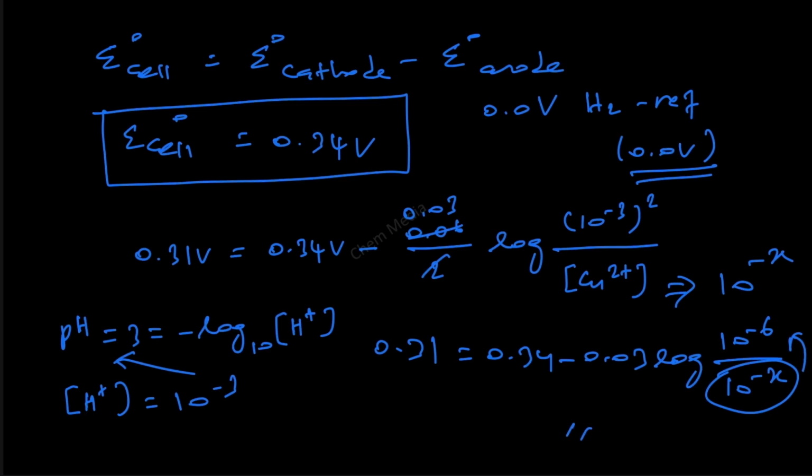So it would be log 10 to the power x minus 6, isn't it? So this x minus 6 we can bring to the front. Therefore 0.31 is equal to 0.34 minus 0.03 times x minus 6, log 10 base 10 is 1.